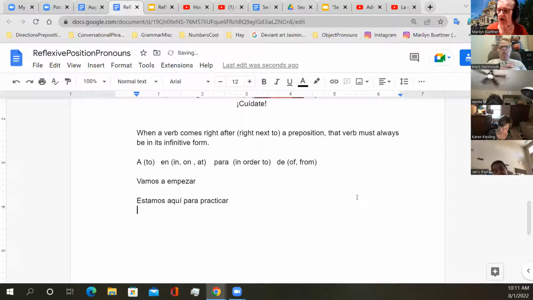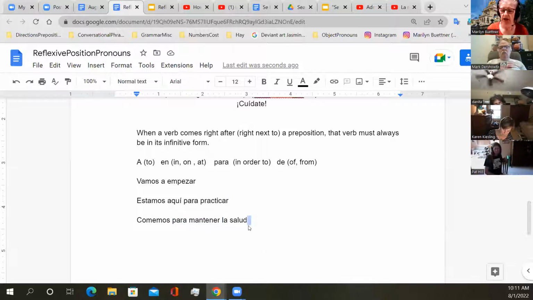We're here to practice, in order to practice. Comemos para mantener la salud. We eat to maintain our health. Para practicar, para mantener. I need to have an infinitive.